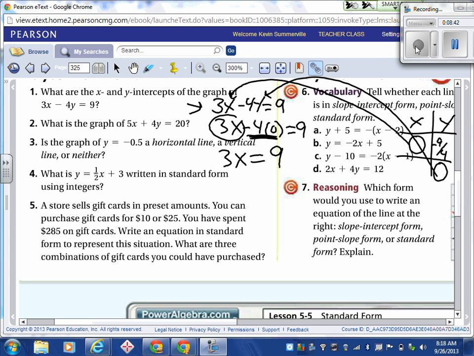It just becomes 3x equals 9. I have a number next to a letter, so I need to do what? Divide. Good. Divide both sides by 3, and I get x equals 3. I go ahead and put 3 into my chart. So now I have my y-intercept, which is negative 9 over 4, and my x-intercept is 3.